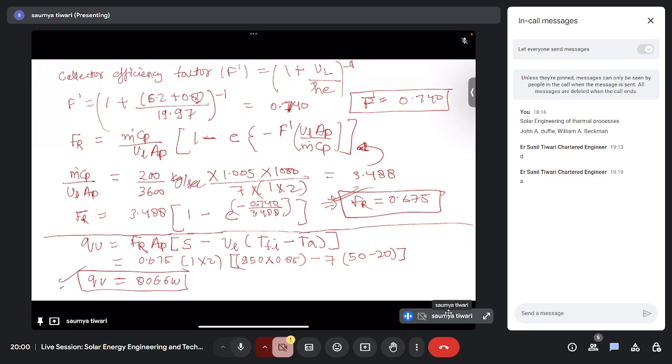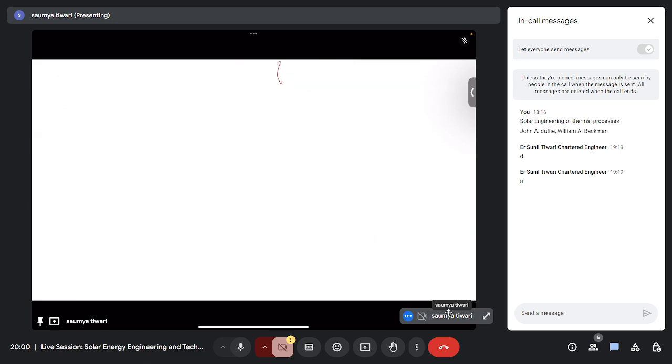Now we have calculated the useful heat gain. From here you can calculate the instantaneous efficiency. QU is already calculated, it's 806.6 watt. The instantaneous efficiency is Q useful upon your input, the flux coming onto your collector area. So it will be 806.6 upon your incoming solar flux, which was 950.